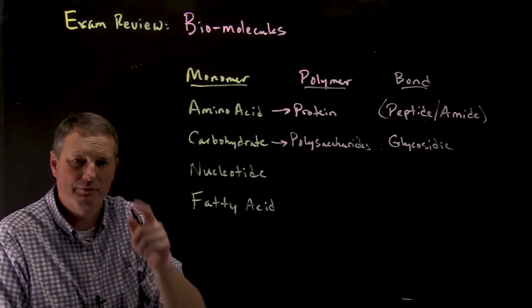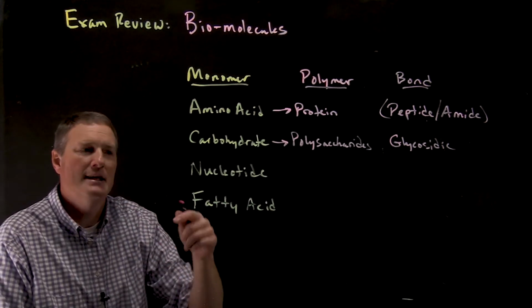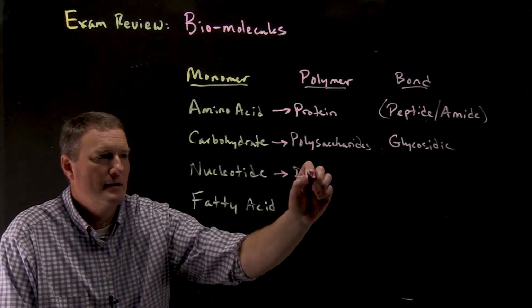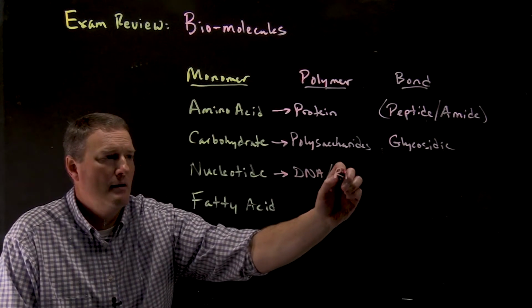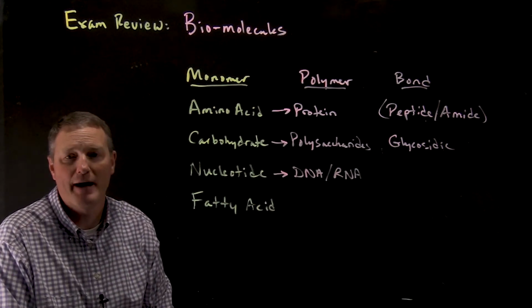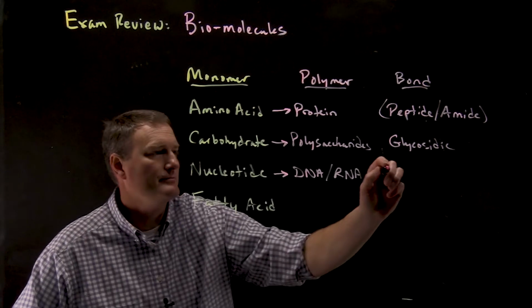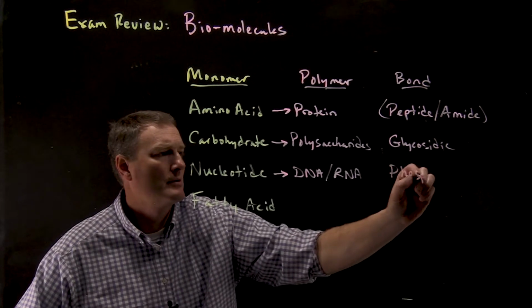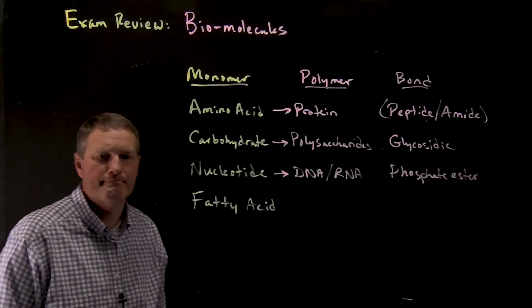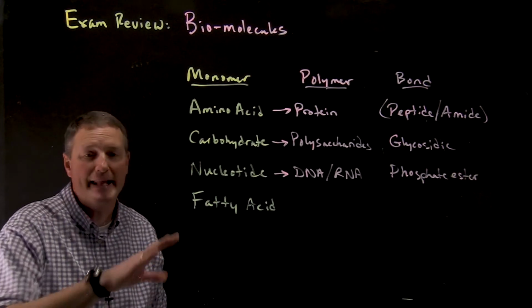Nucleotides, individual phosphate, sugar, base, those can be linked together to form either DNA or RNA. Okay, depending on the type of nucleotide, and they're held together by phosphate ester bonds. All right, and then lastly we have the fatty acids.